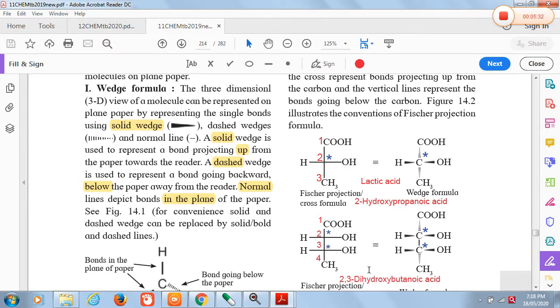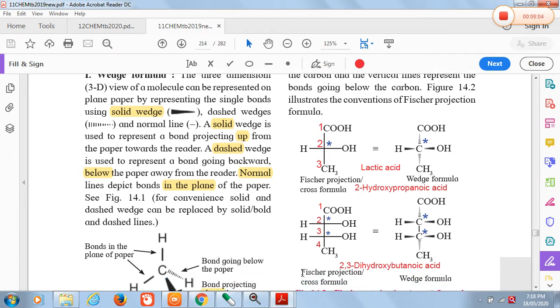Then one more compound is there. There are 4 carbons in that compound, and the second and third carbon is shown with star, meaning star indicates these carbons are asymmetric carbon. In the previous case lactic acid also, second carbon is asymmetric carbon, so it contains 4 different groups, so it is asymmetric carbon. Similarly in 2,3-dihydroxybutanoic acid second and third carbon are asymmetric.